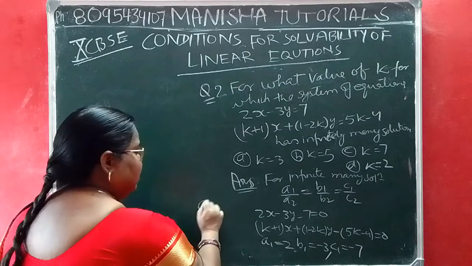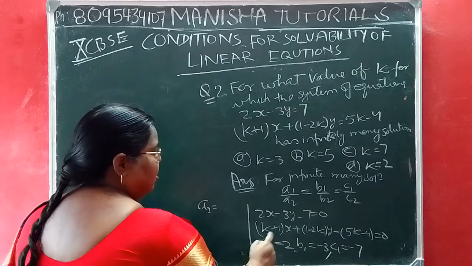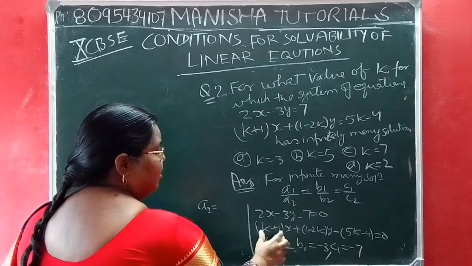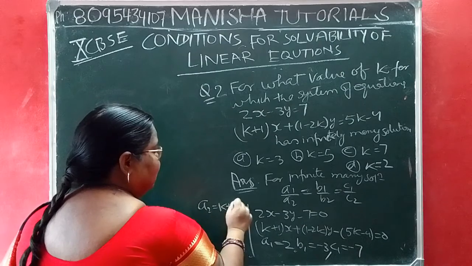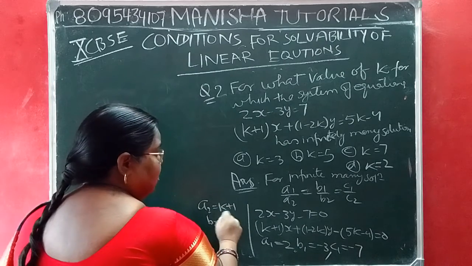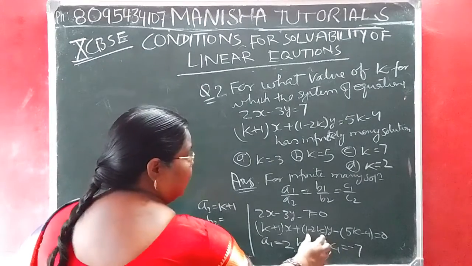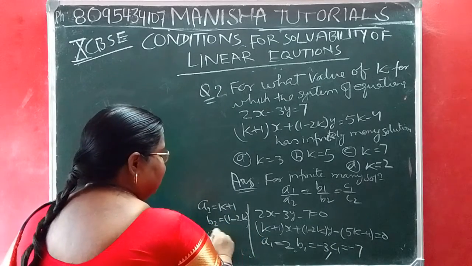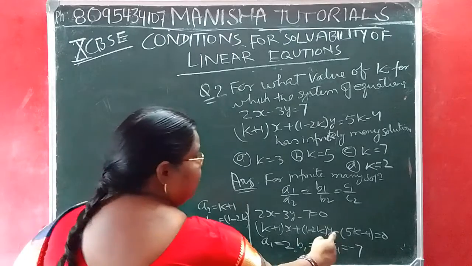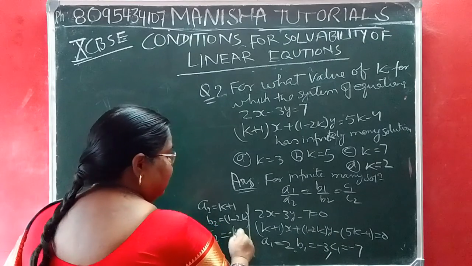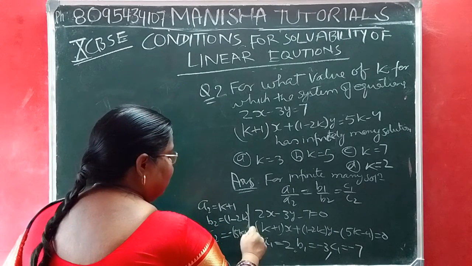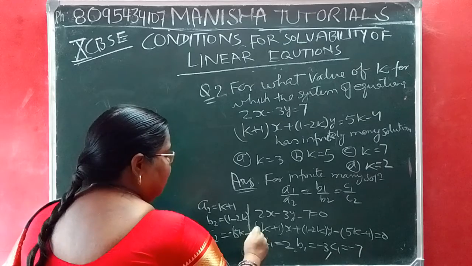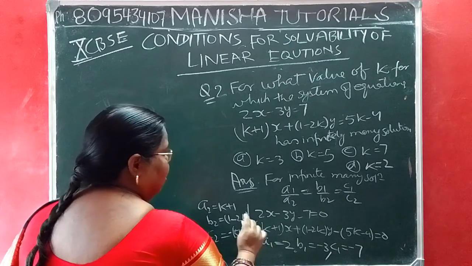And a2 equals k plus 1, b2 equals 1 minus 2k, and c2 equals minus (5k minus 4), keeping the minus sign.